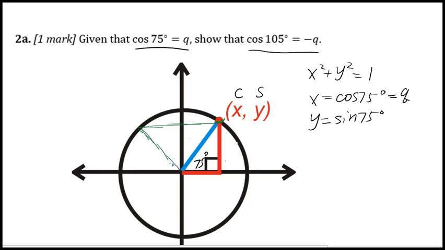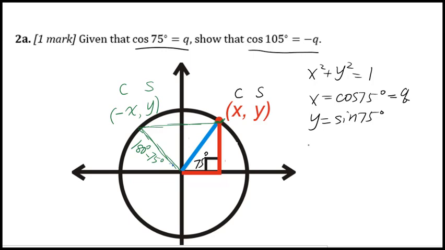So for this line, the angle stands for 180 degree minus 75 degree. The coordinate for 180 degree minus 75 degree is negative x, y. So this is a cosine and here's a sine.